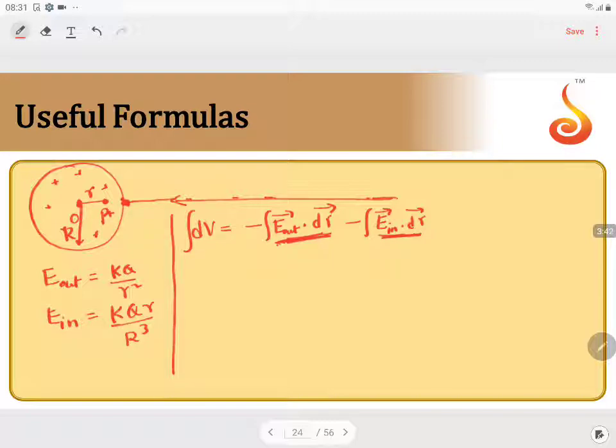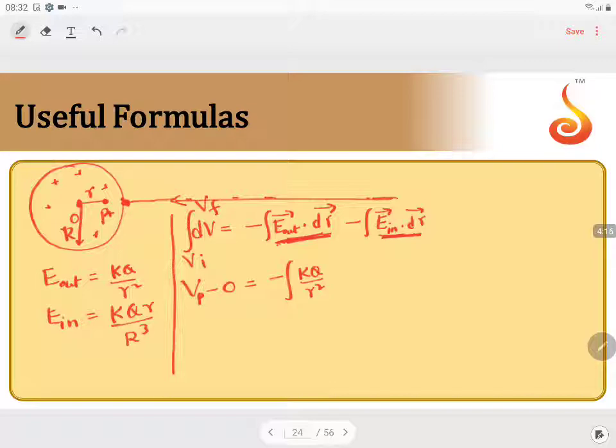So now V initial to V final. What is V initial? We are bringing the charge from infinity, so V initial will be 0. That is, at infinity potential will be 0. What is V final? That will be Vp. So potential at that point P minus 0 will be equal to minus the integral of electric field outside, kq by R square, into dr, E dot dr. Actually it is a dot product.